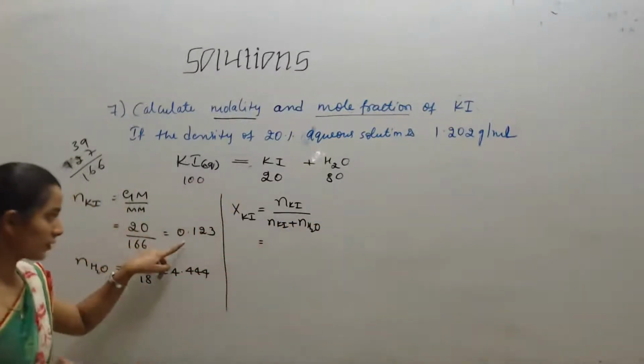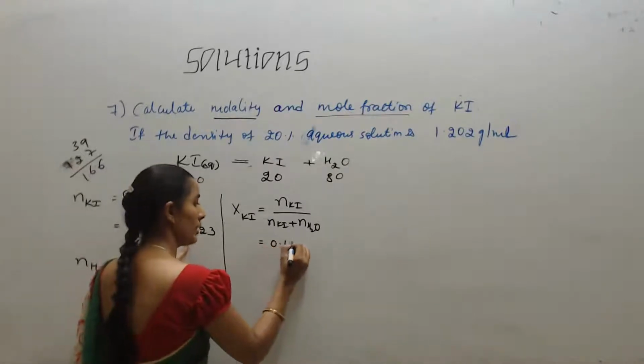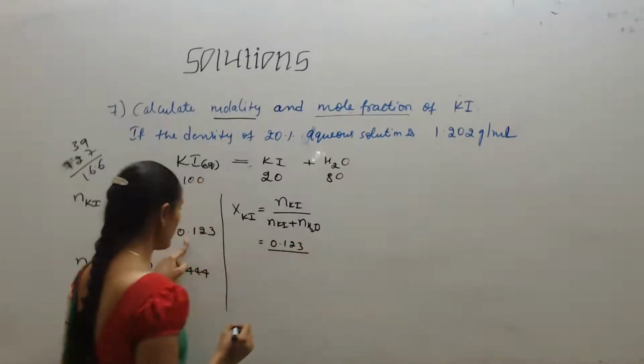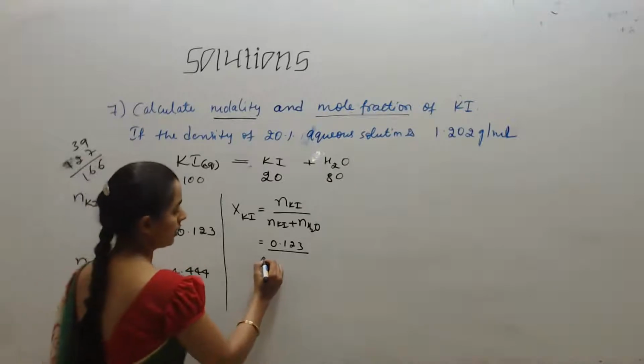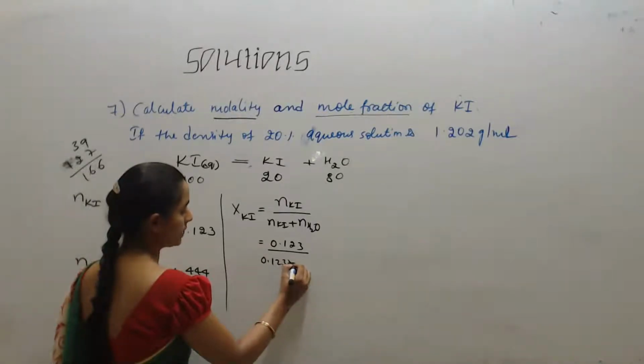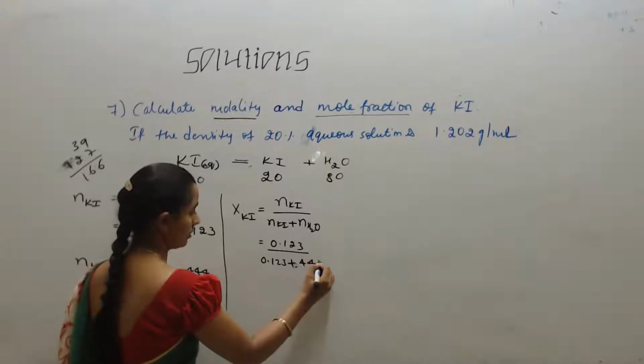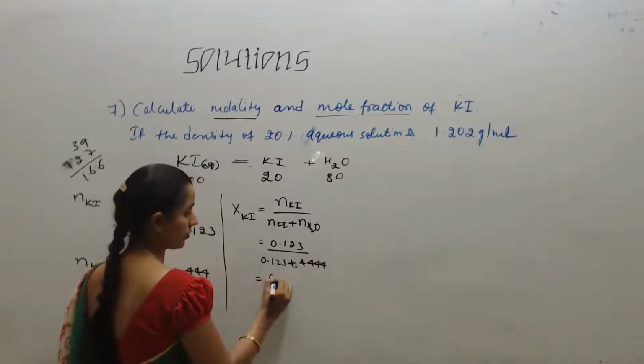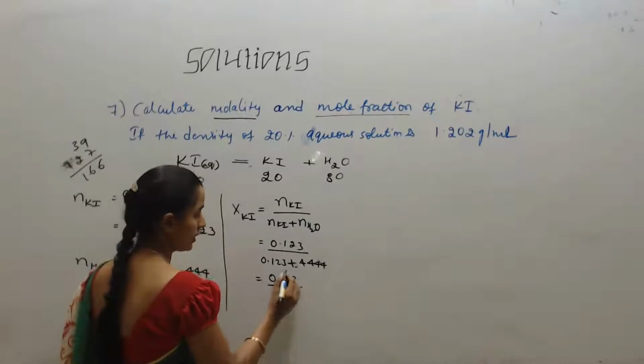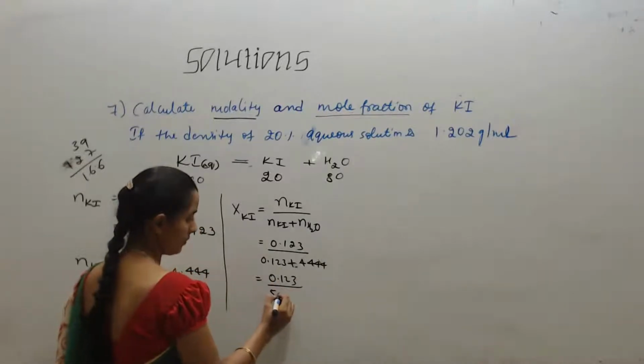So number of moles of KI is 0.123 divided by 0.123 plus 4.444. So we will get 0.123 divided by 4.567.